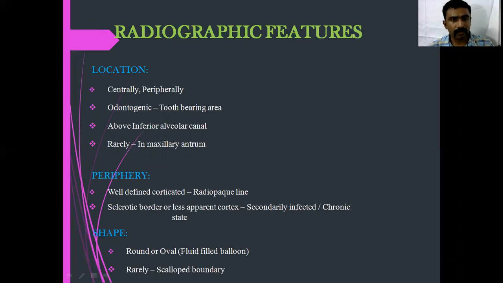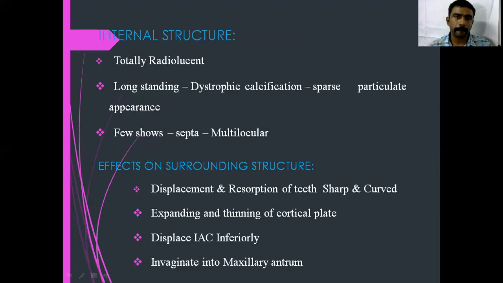The periphery of the cyst is well defined with a thin corticated border. The shape of the cyst is usually round or ovoid. Rarely they have a scalloped boundary. An example of a cyst with a scalloped boundary is odontogenic keratocyst.